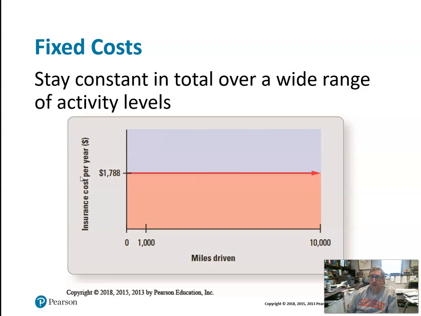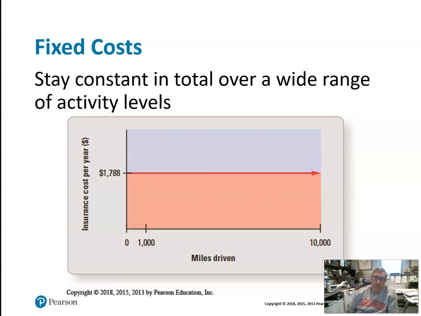If you want insurance coverage for the vehicle, the insurance coverage for that vehicle is going to cost you $1,788. And it doesn't matter if you don't ever start the vehicle up for the year or if you drive that thing 10,000 miles, the cost is going to be the same.